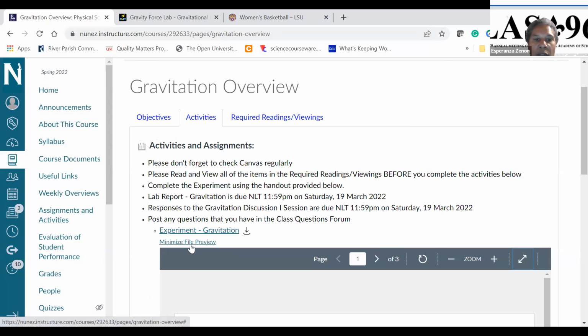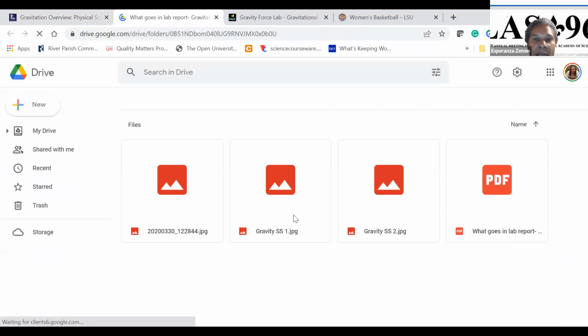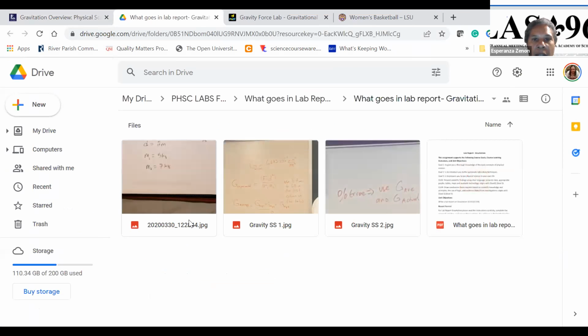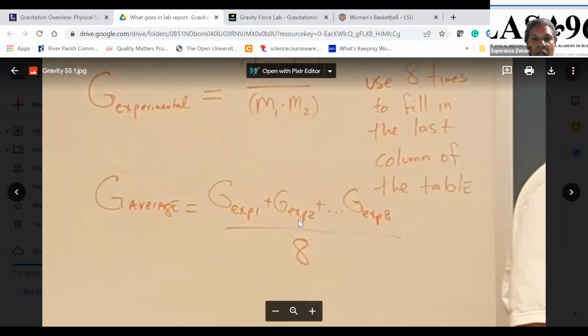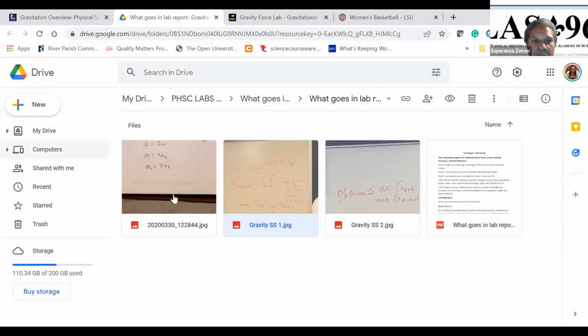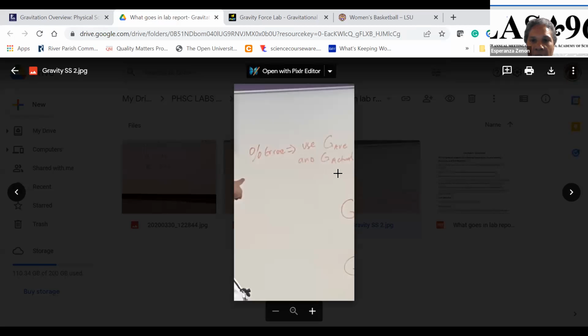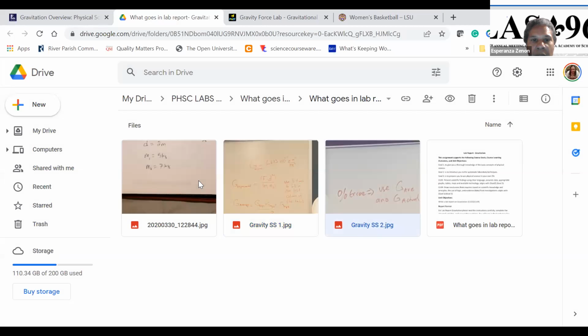So after you've completed the experiment, now I gave you a handout here that can help you with how to calculate G. All right, there's some handouts here. If you click on that link, it tells you how you can use the simulator values to calculate G. Okay, and then I tell you for the percent error, use the G average value and the G actual value, right?